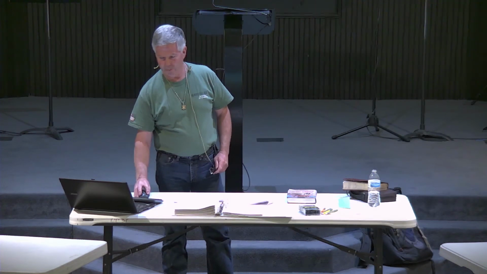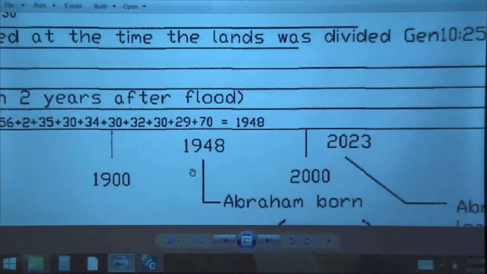Look on this timeline when Abraham was born. On God's timeline, following this from Adam forward, Abraham, the father of the nation of Israel, was born 1948 years after creation of man. His nation was reborn in our timeline in 1948.